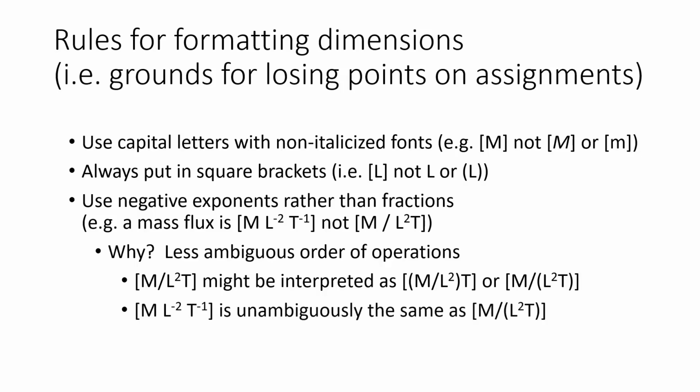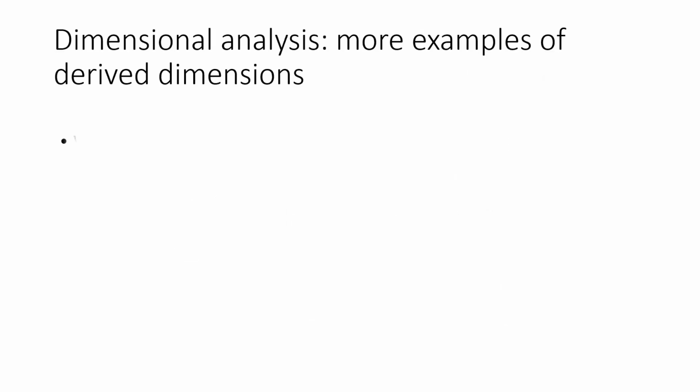If you really want a mass flux, mass per area per time, the way to write that with exponents is very hard to get confused because those negative exponents are specific to each term. And you have no question about what's in the numerator and the denominator when you're talking about dimensions using these exponents. So I would prefer that you use an exponential form with positive and negative exponents denoting what's in the numerator and denominator when talking about dimensions for this class.